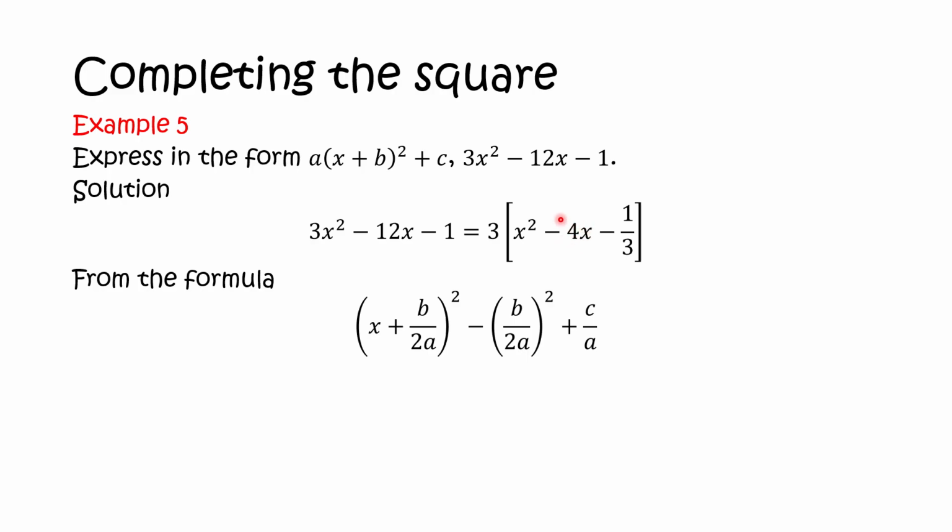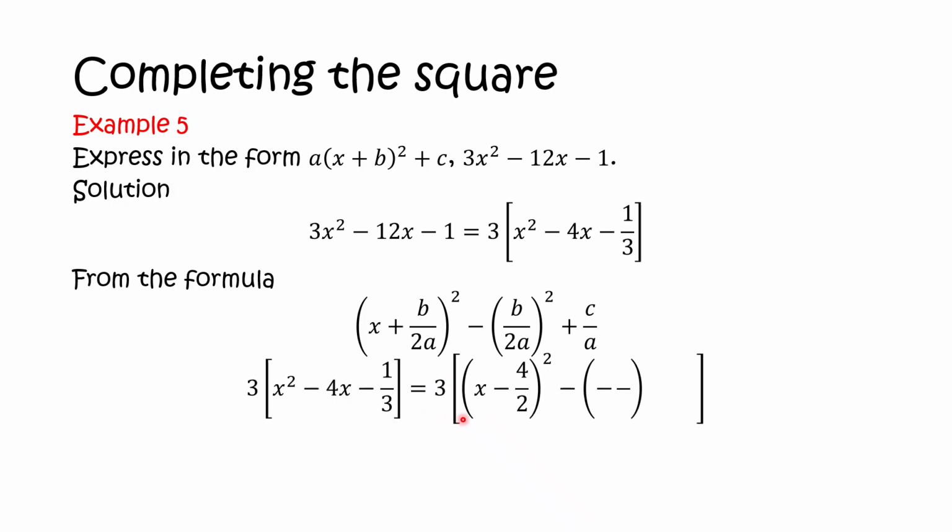So we take half of the coefficient of x, which is now minus 4, and we substitute into the formula that is given, so that we have, the 3 remains outside, and half of minus 4 is minus 4 over 2 squared minus 4 over 2 squared minus 1 over 3, which is the c over a.